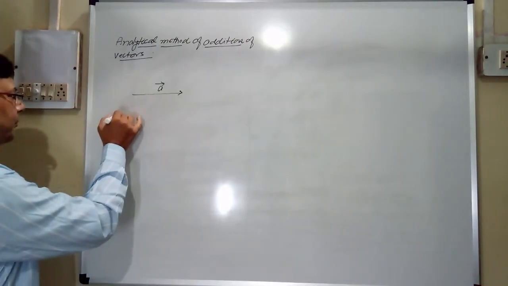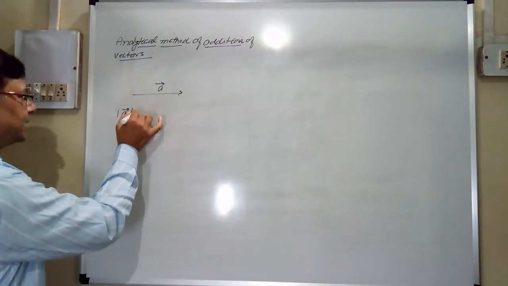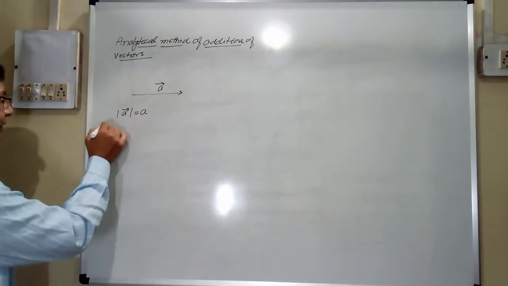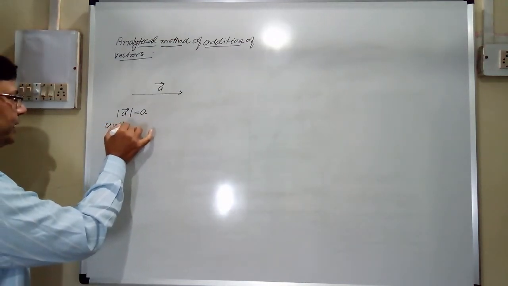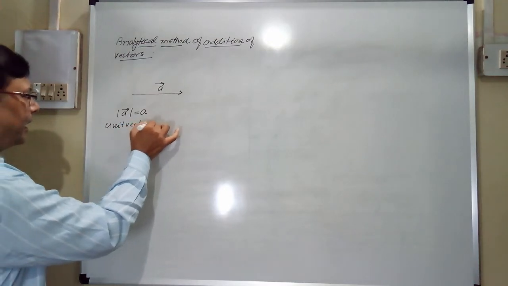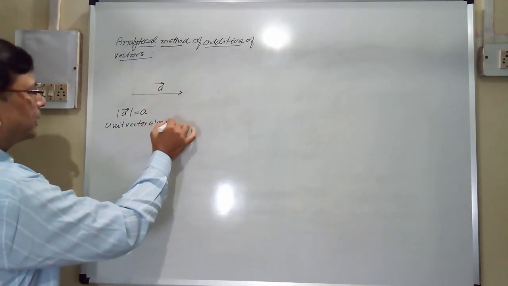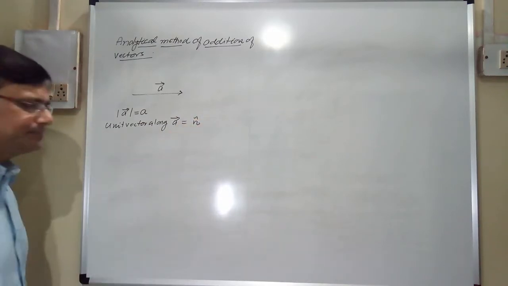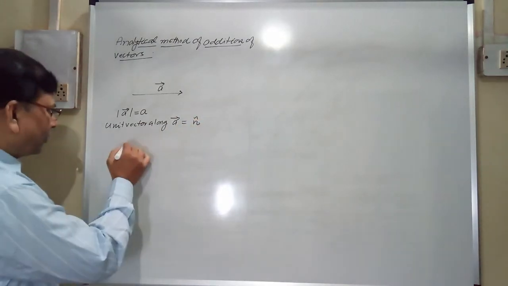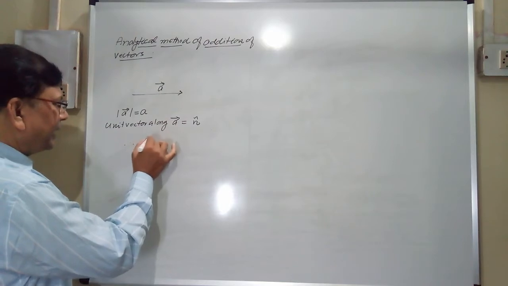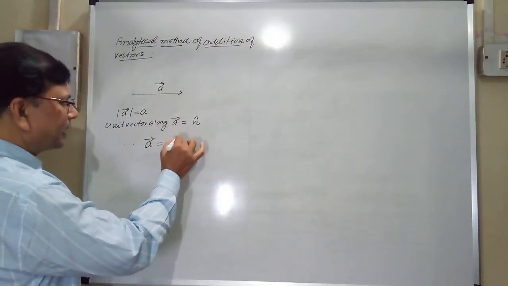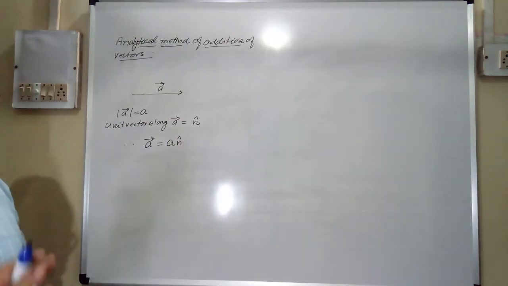So here mod of this is equal to A, and the unit vector, suppose unit vector along the vector A is equal to n, for example. Therefore vector A can be represented as magnitude and the unit vector. Is it clear?